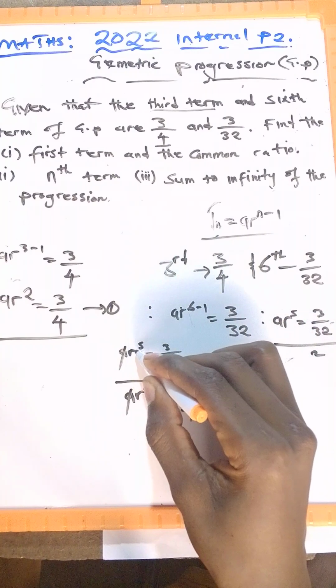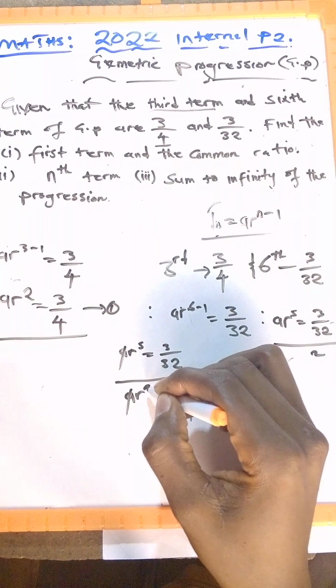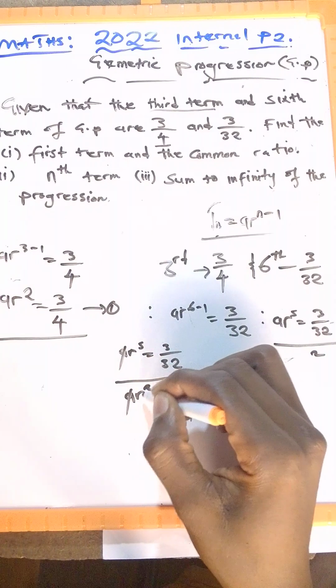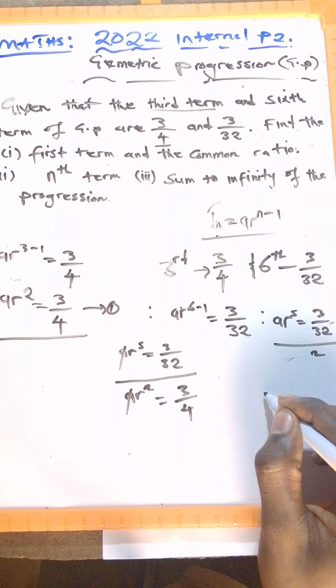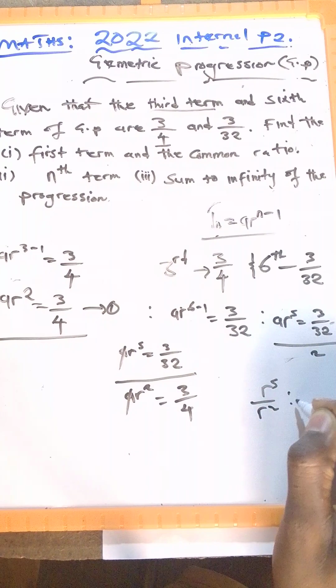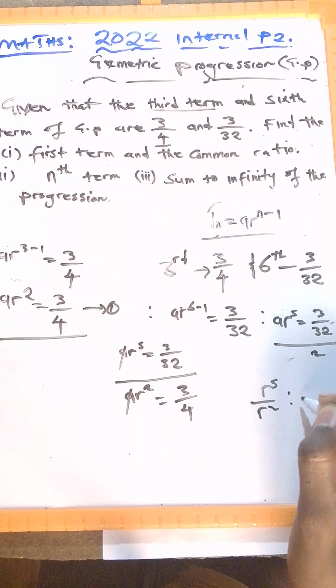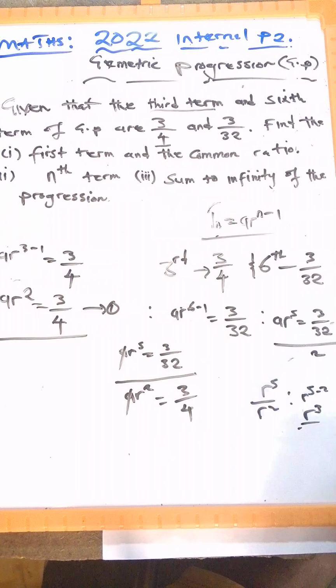Then r to the power 5 and r to the power 2, these two have the common base. So when we divide according to the law of indices, r to the power 5 over r to the power 2 can be worked out as r to the power 5 minus 2, so r to the power 3. That is how it can be simplified.